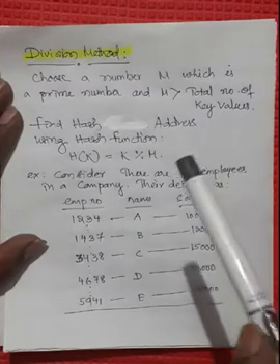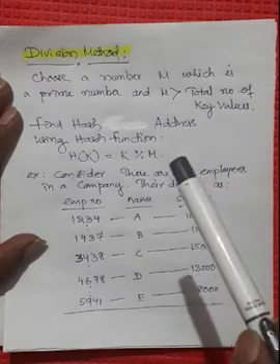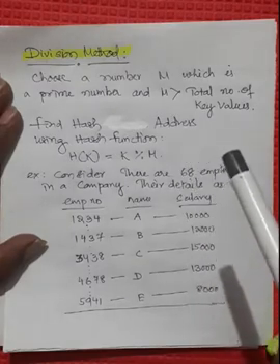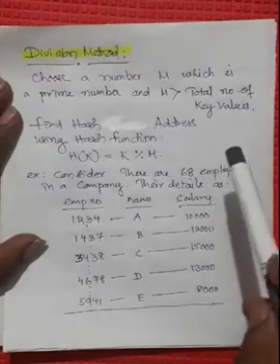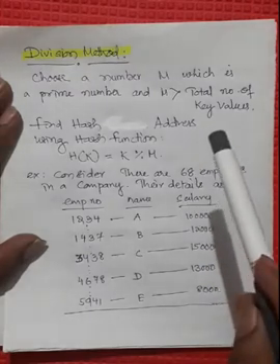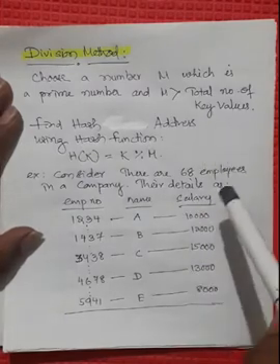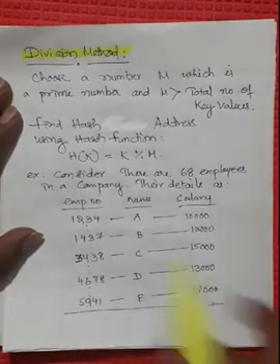Similarly, if m equals 103, then the remainders will be from 0 to 102. So m is representing that many number of addresses it will generate. Now let us consider this example to understand better.